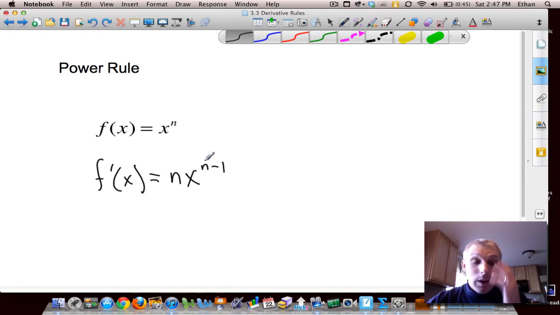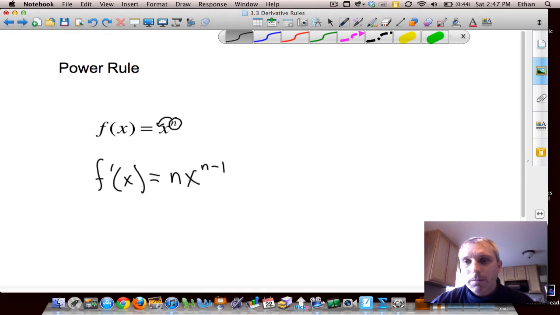Once again, if you want to see the proof, go back to the website, and you'll see another video there with the proof. Here's what happens. This exponent, whatever it is, becomes the coefficient. That n moves down in front, becomes the coefficient, and the power reduces by 1.